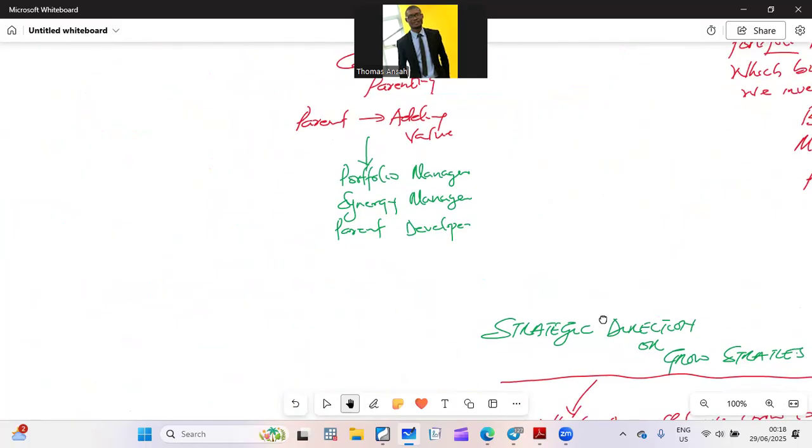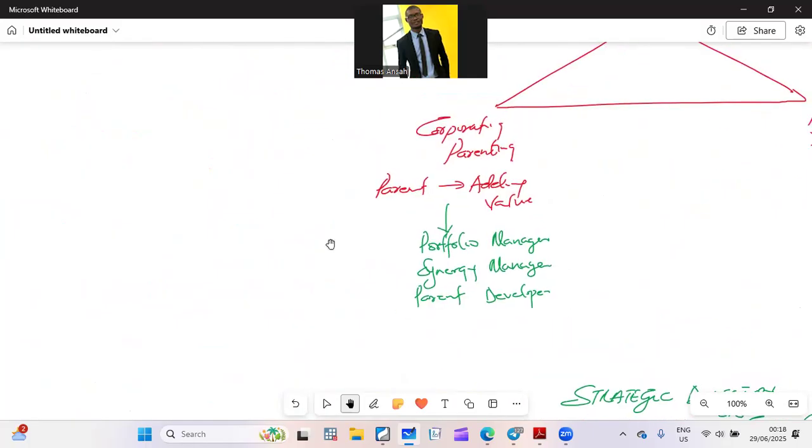So what is corporate parenting about? Corporate parenting is all about adding value to your subsidiaries other than cost. Some head offices add cost to you through what we call value destroying activities.